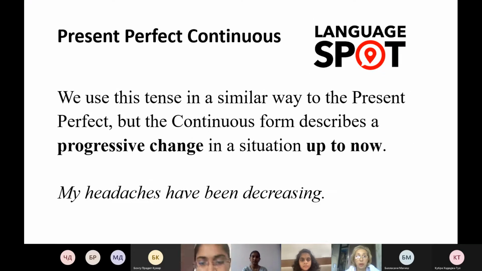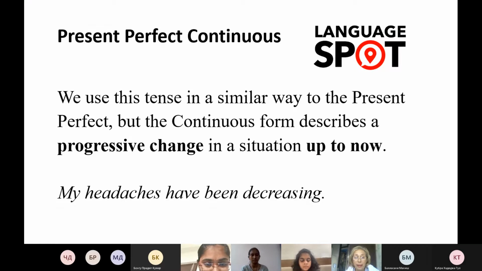And the information about the present perfect continuous tense: we use this tense in a similar way to the present perfect, but the continuous form describes a progressive change in the situation up to now. So it emphasizes that the action was going on for some period of time.